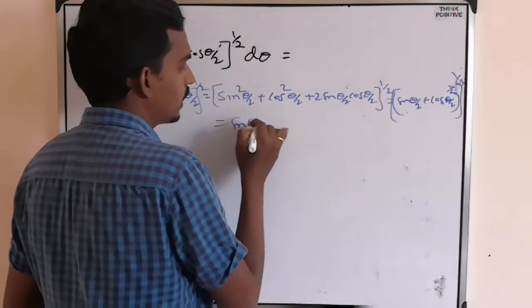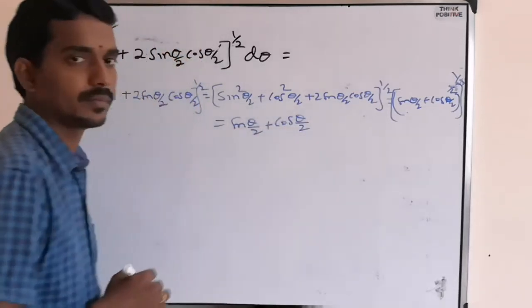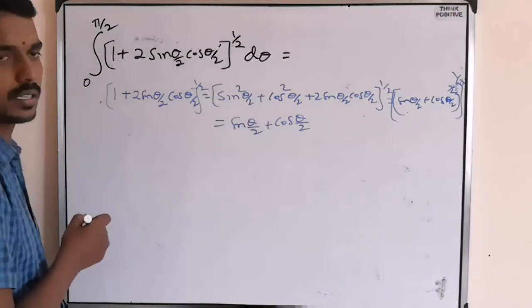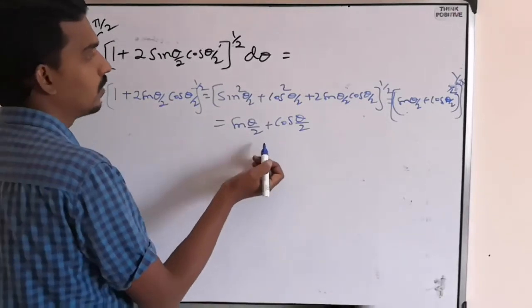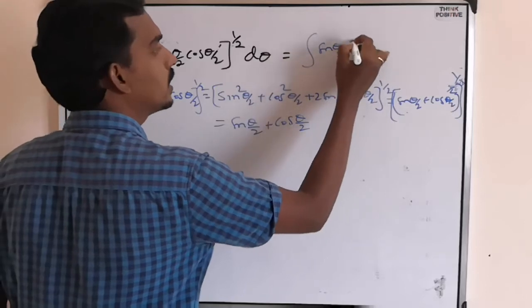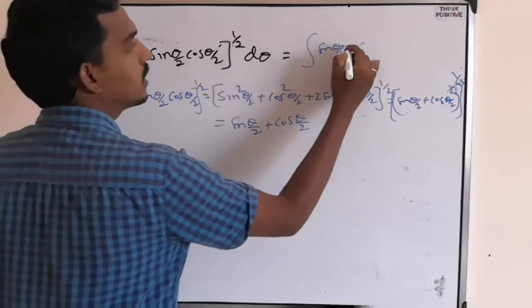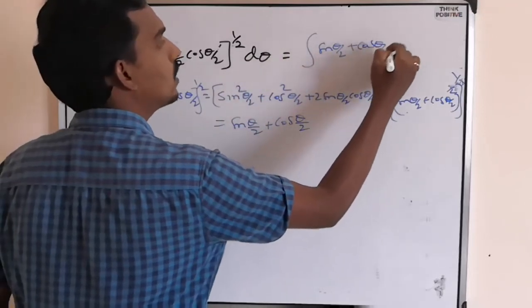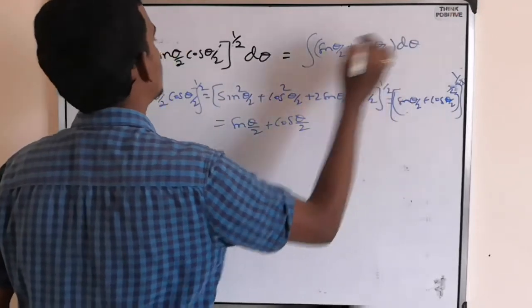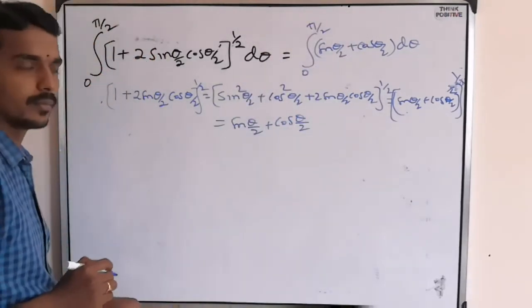So it will come as sin theta by 2 plus cos theta by 2. So I reduce this function into the simplest form, so that I can write it as the integral of sin theta by 2 plus cos theta by 2 d theta from 0 to pi by 2.